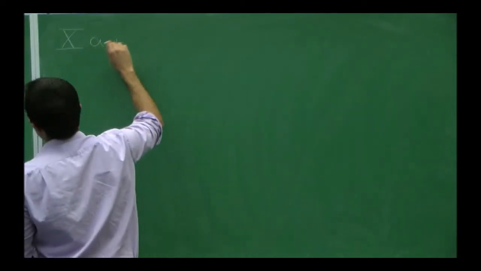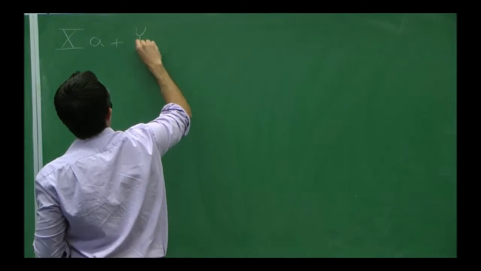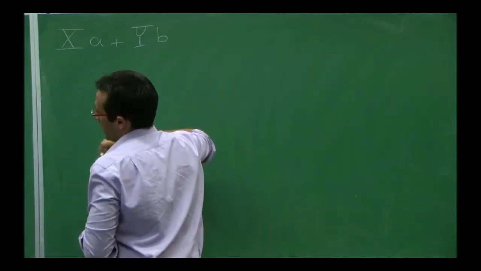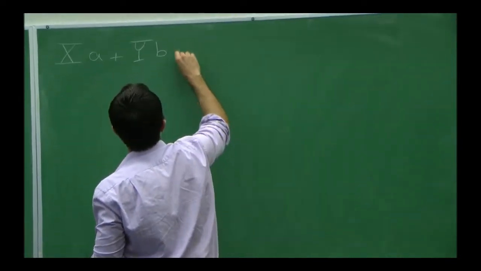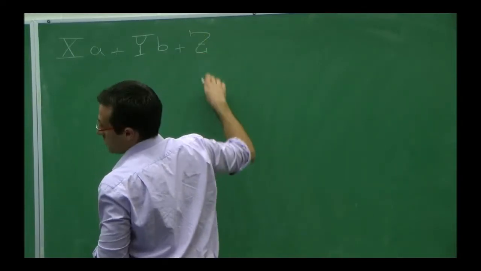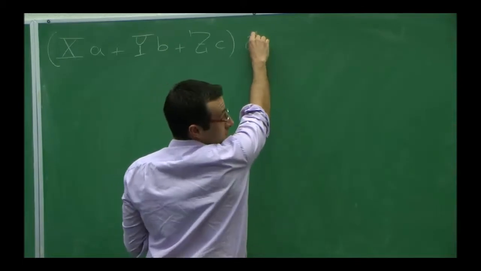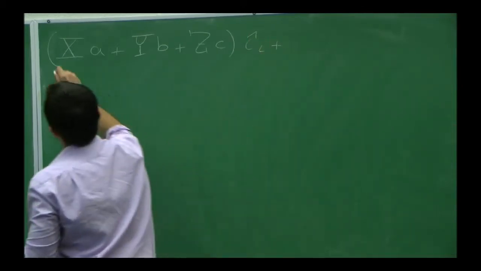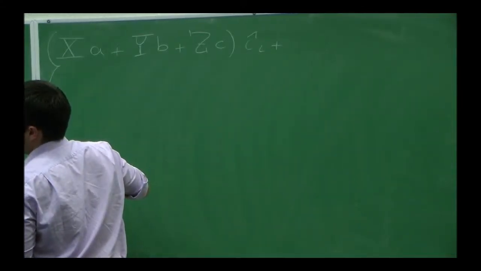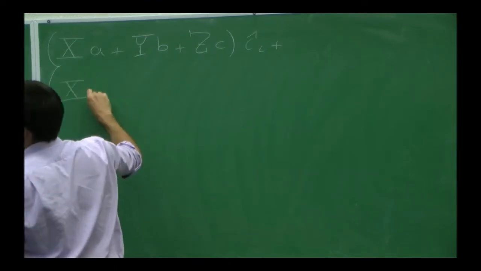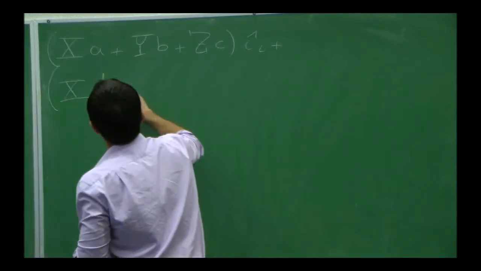Let's see. What is multiplying i_L? I have X, A plus Y, B plus Z, C. These are all capital X, Y, and Z, right? And this is on i_L, right? Plus, I know this is tough stuff, X, D. Now this is a good exercise.